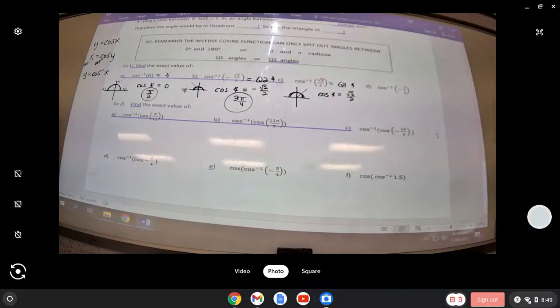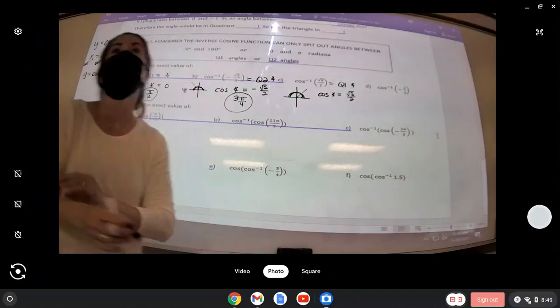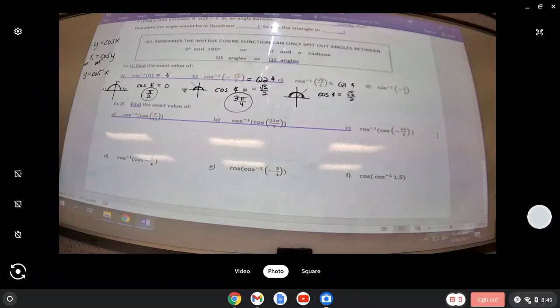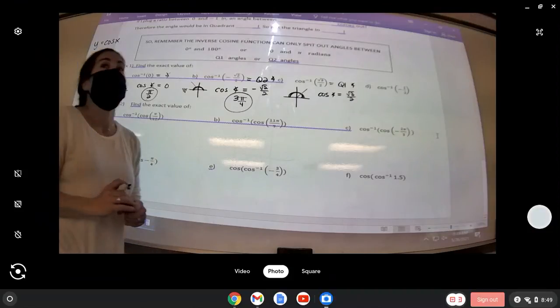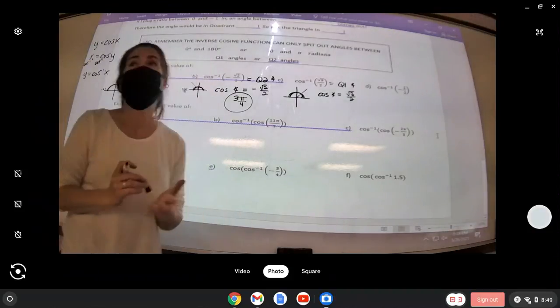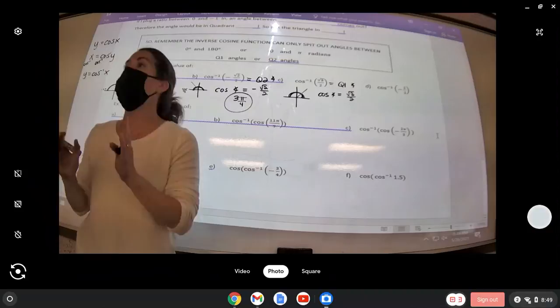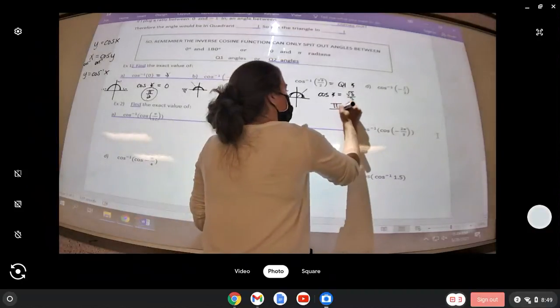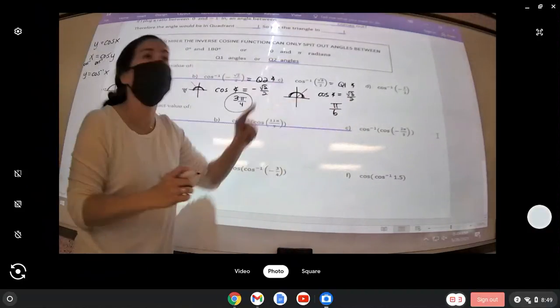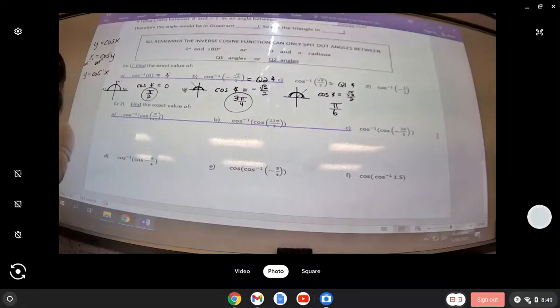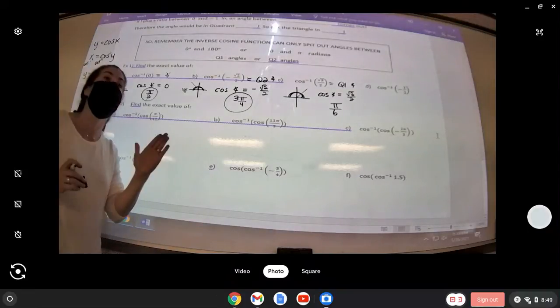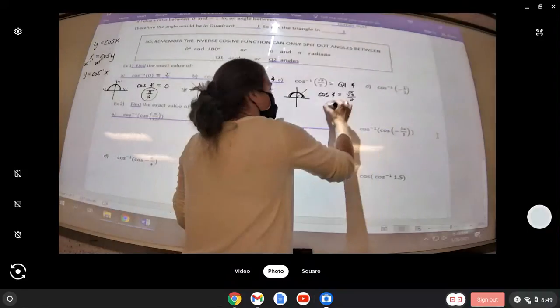Was it a 30? Was it a 45? Was it a 60? Anybody know the cosine of what angle was root 3 over 2? Look at your triangles. It's a 30, which is a pi over 6. And does pi over 6 land in quadrant 1? Yes. So that is the quadrant 1 angle that had a ratio of positive root 3 over 2.